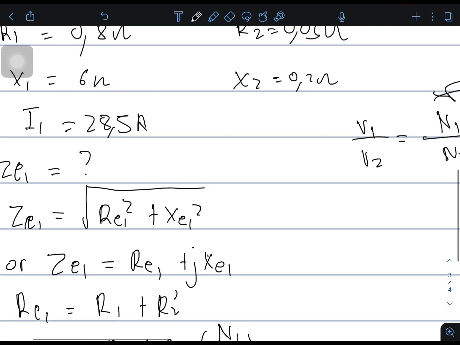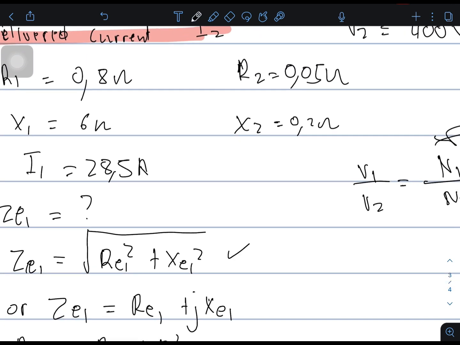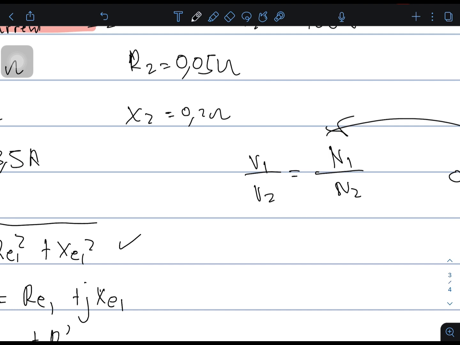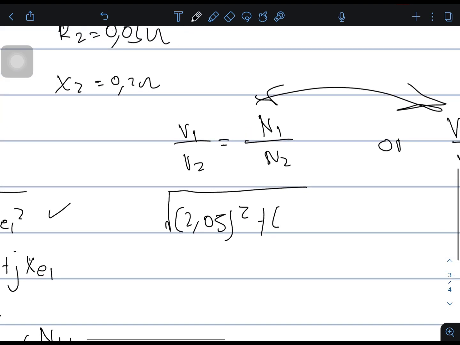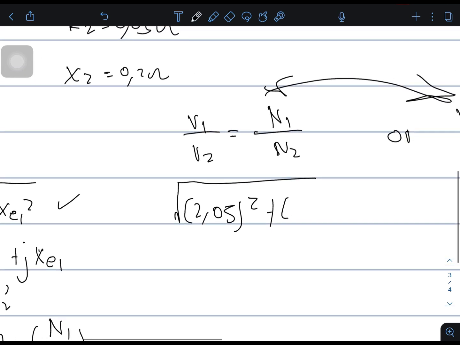Now we can calculate Z. We can use two formulas. We can use the Pythagoras formula, which is the square root of RE1, which we have calculated as 2.05, squared, plus XE1, which is 11, squared.